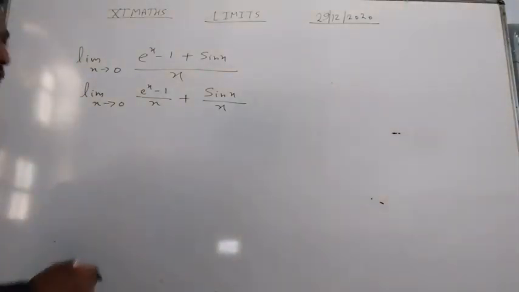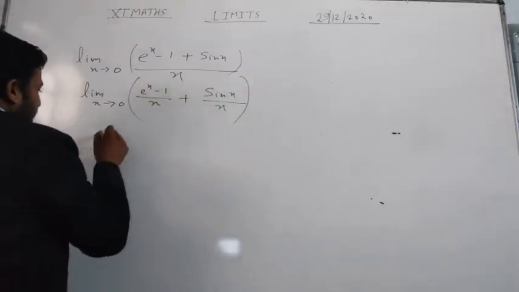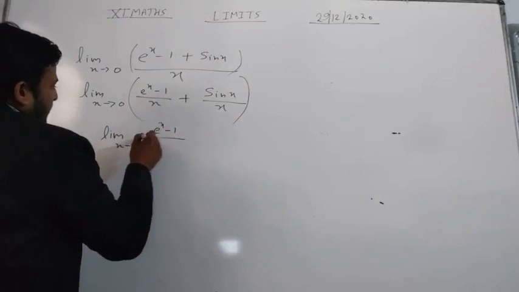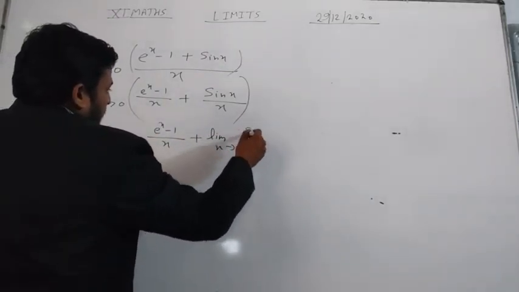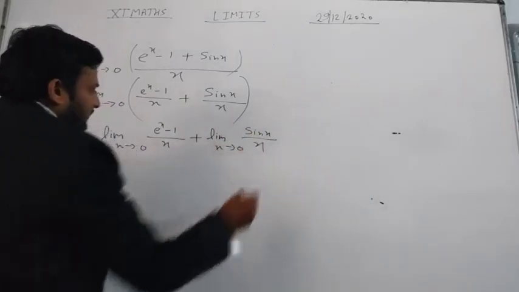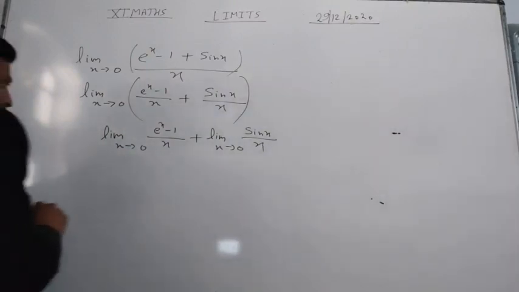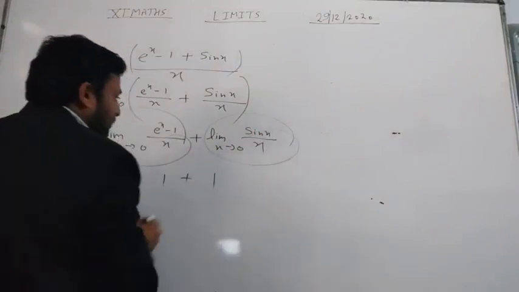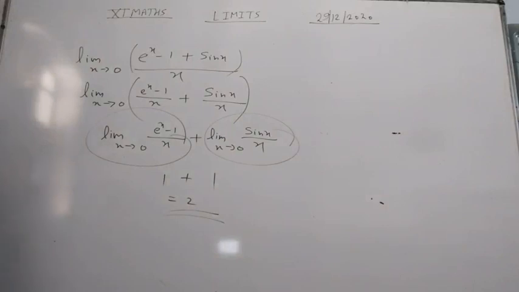So when we apply the limit to both terms, we get limit x tends to 0 of (e^x − 1)/x, and this part is limit x tends to 0 of sin x/x. Now this part is 1 and this part is also 1. Both are standard results. So the answer will be equal to 2. I hope you understand.